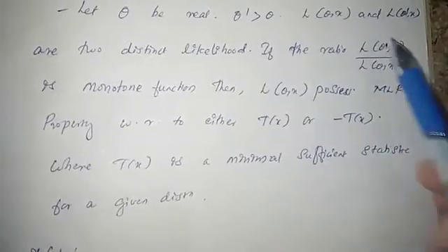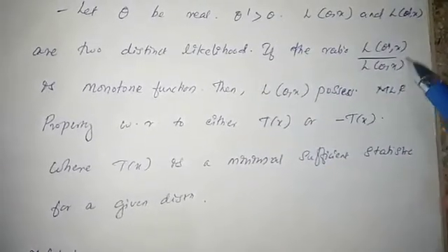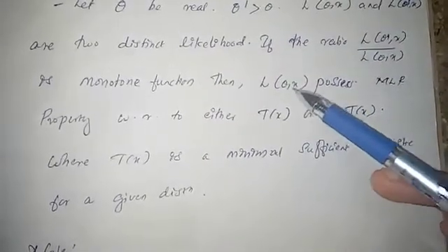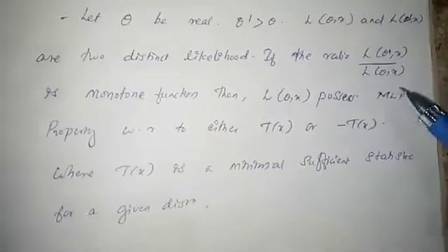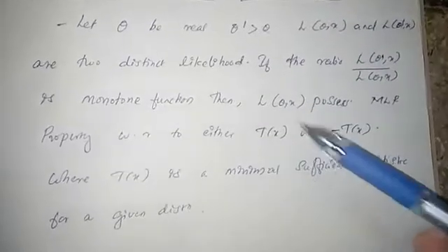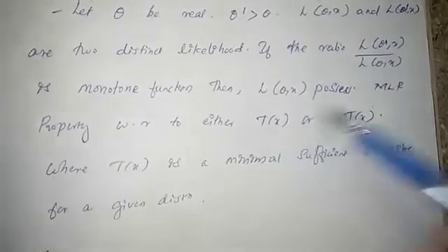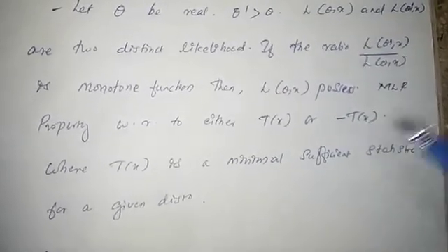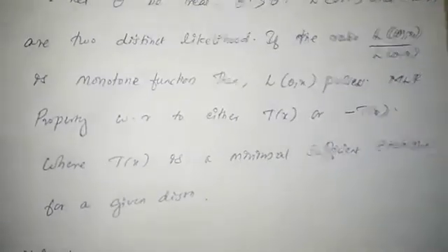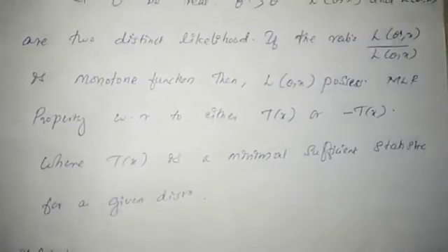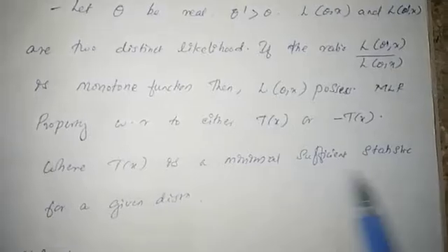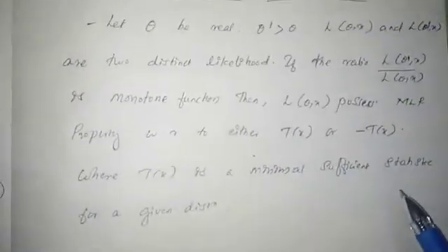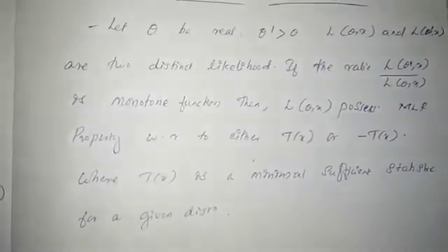If the ratio of these likelihoods is a monotone function, then the likelihood under theta possesses the maximum likelihood ratio property with respect to T of x or minus T of x, where T of x is a minimal sufficient statistic for a given distribution. What is a minimal sufficient statistic? What is a sufficient statistic?